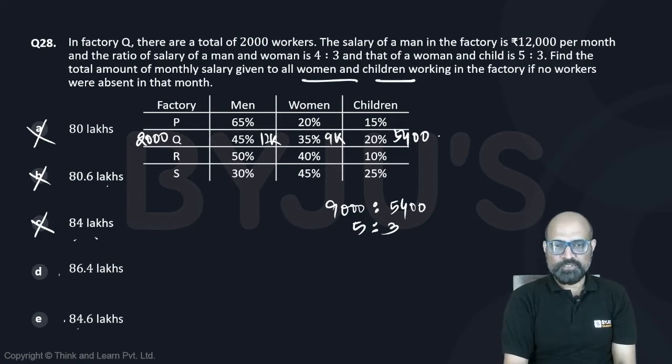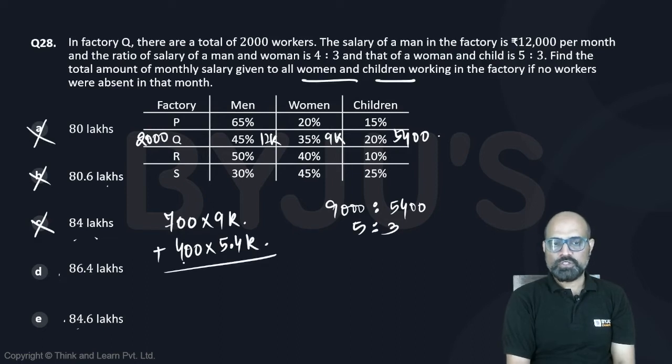So how much salary will they get? 35% of 2000, which is going to be 700 women we have, and each one is going to get 9,000. Now 20%, that is 400 children we have, and each child is going to get 5.4 thousand. So total is going to be 9 into 7, 63, and 4 into 5, 20, and 4 into 4, 4 into 0.4 is 1.6.